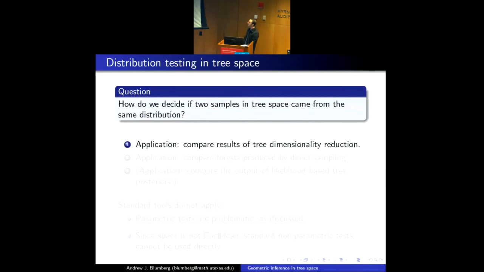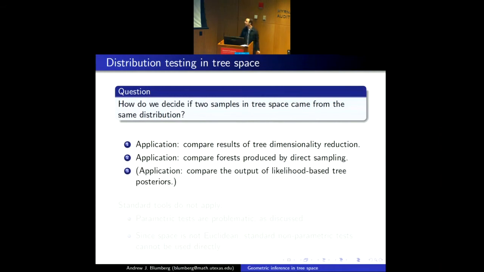One of them is comparing the results of this dimensionality reduction procedure. Another is comparing collections of trees you got directly. And a third is that if you think about maximum likelihood procedures for producing trees, instead of taking the maximum likelihood tree, you think about the entire posterior, you could try to use techniques like what I'm going to describe to compare the output of these tree production algorithms.